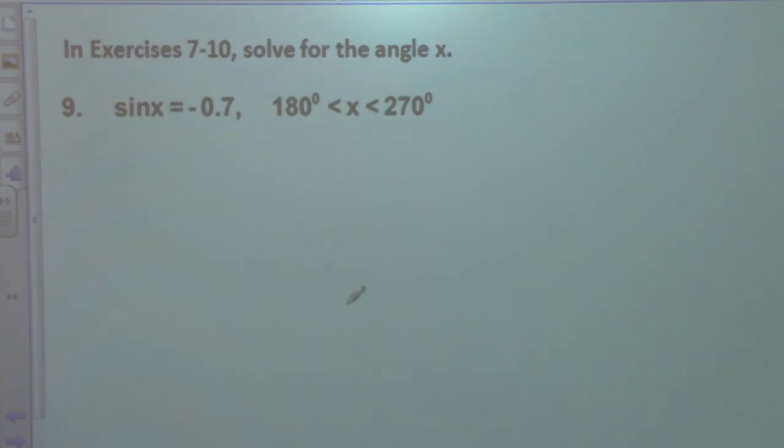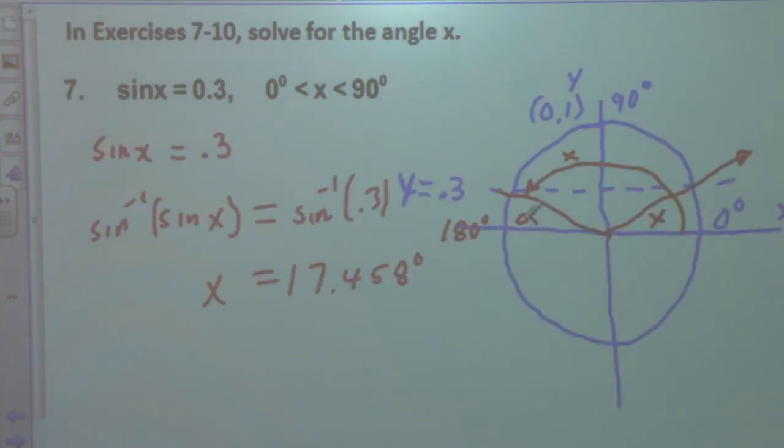9. I want you to go ahead and take a stab at 9. You have an idea of 9? I think you do. This is confusing. Is it confusing? Well, it has to do with reference angles. But do you see why we're looking for an angle in standard position that starts here and goes here?